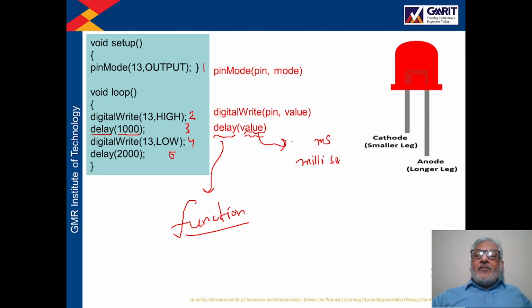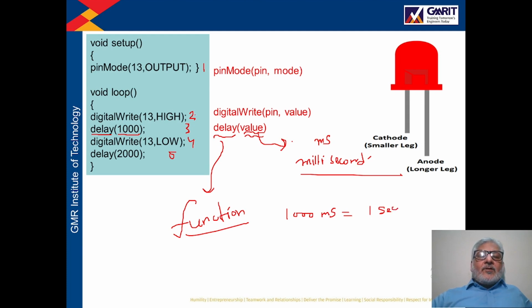So always remember. Now see what I have written: delay 1000. What is the meaning of this? Delay of 1000 milliseconds, and 1000 milliseconds is equal to 1 second.